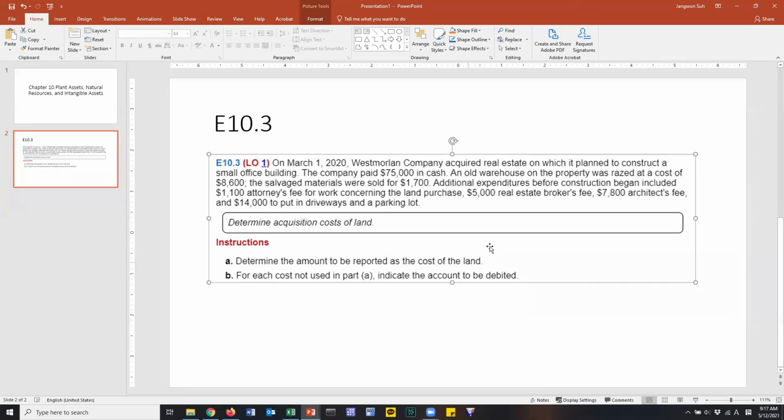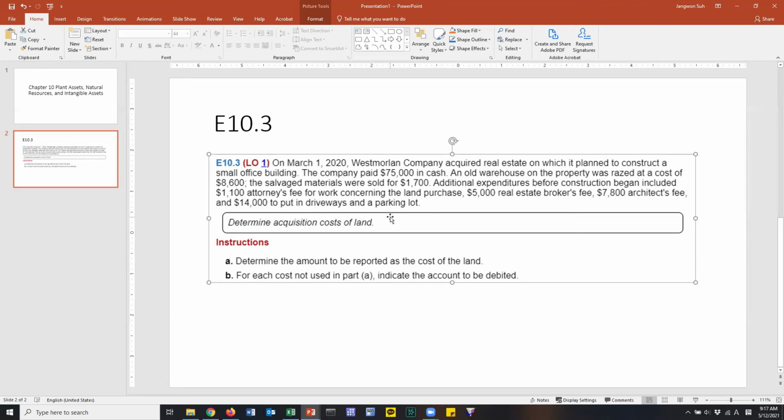The first one asks us the acquisition cost of the land. But this sounds awkward, as we've seen something like architect's fee. Is there any room for an architect to play in the purchase of the land? Not so much, right? Architects are mostly about buildings, so this should be part of the building cost. The $14,000 to put in driveways and a parking lot: again, do you remember?